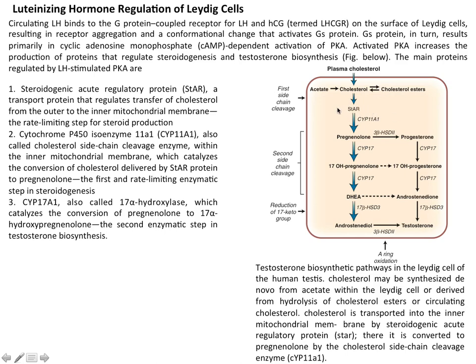The first enzyme is StAR, that is steroidogenic acute regulatory protein. This can convert cholesterol into pregnenolone, and this pregnenolone can be converted into progesterone, which can further be converted into 17-hydroxyprogesterone, then into androstenedione, and finally into testosterone. So the testosterone is formed inside the Leydig cell here.